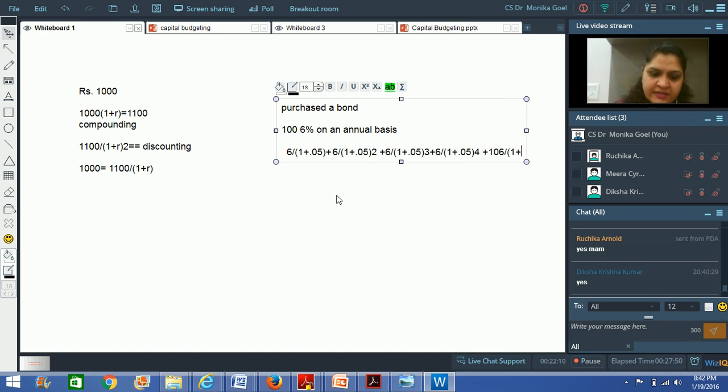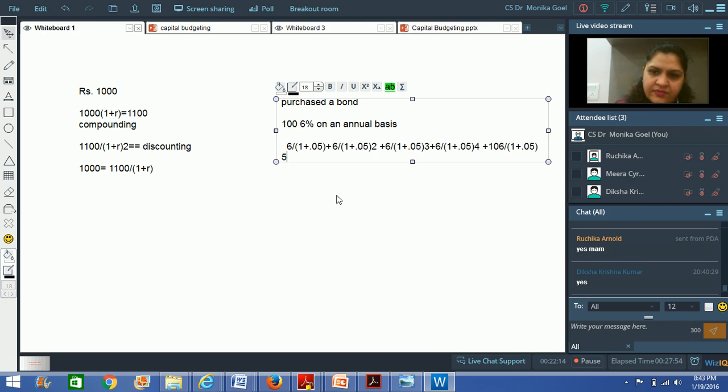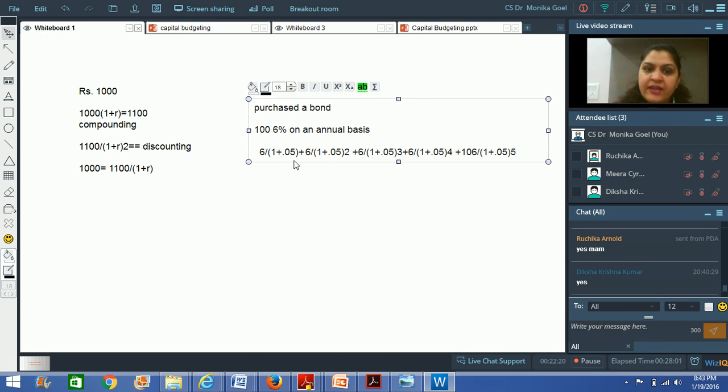Then in the fifth year, I get 106 rupees, so the value is 106 divided by 1 plus 0.05 raised to power 5. Is the point getting clear? I am trying to find the present value of this bond when the discounting rate is 5%.